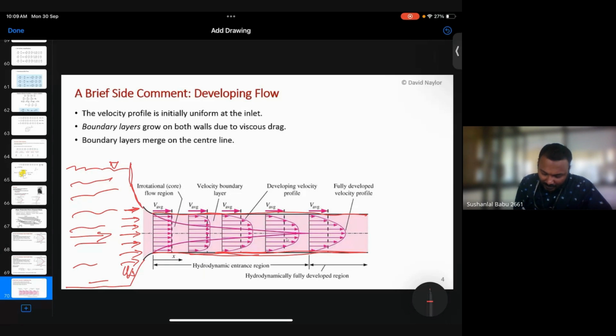And once it comes in contact with the solid surface, these are the surfaces where the fluid comes in contact. So if a fluid particle, or let's say one molecule, comes in contact with the solid surface, what will happen?